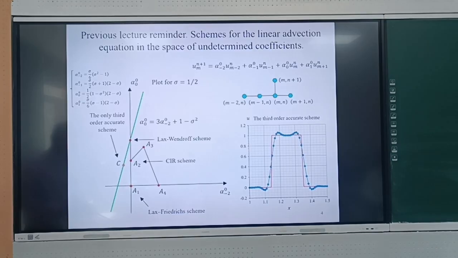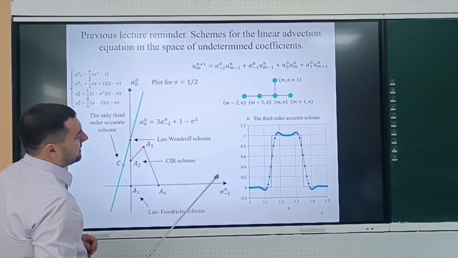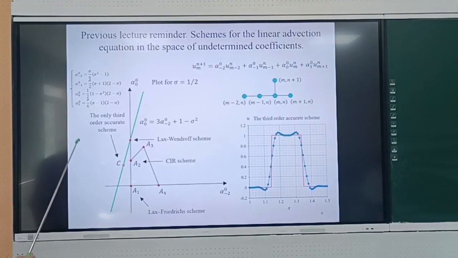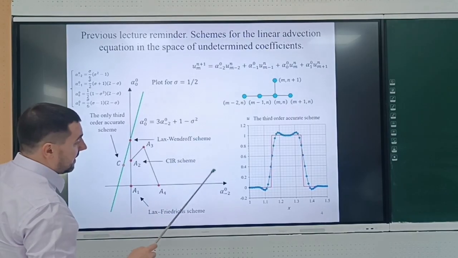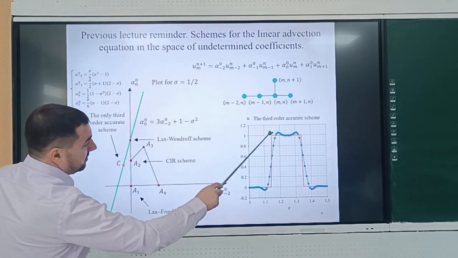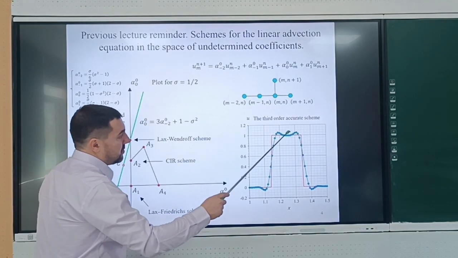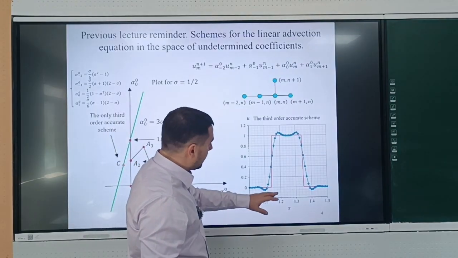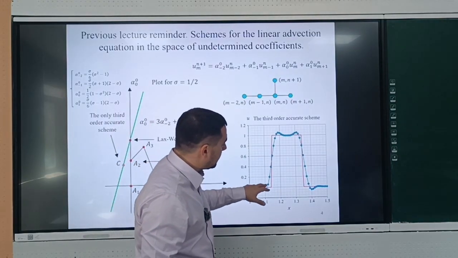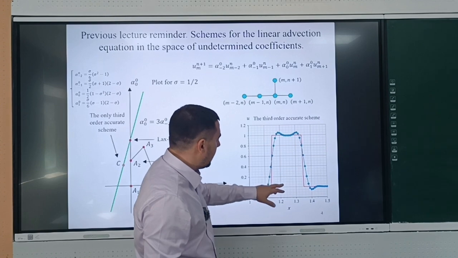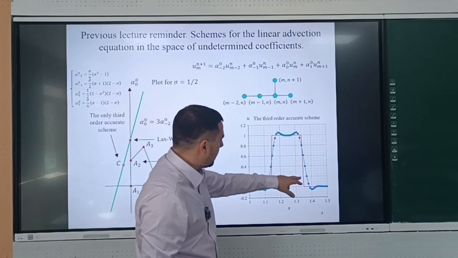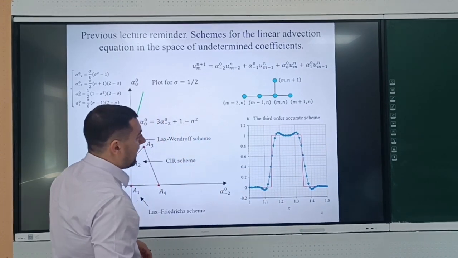I didn't show you simulation results for this C point, so now you can see it. This is the simulation result for the only possible third order accurate scheme for this stencil. And you can see it's also non-monotone. We have spurious oscillations, but in contrast to Lax-Wendroff, they are almost symmetrical, although not exactly. The scheme oscillates on both sides of our square wave.